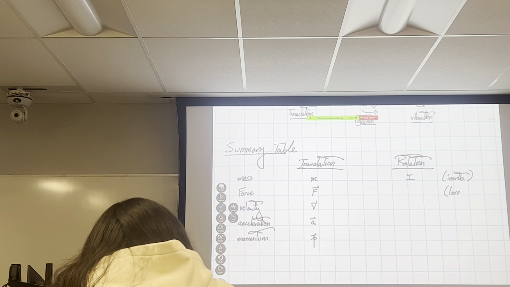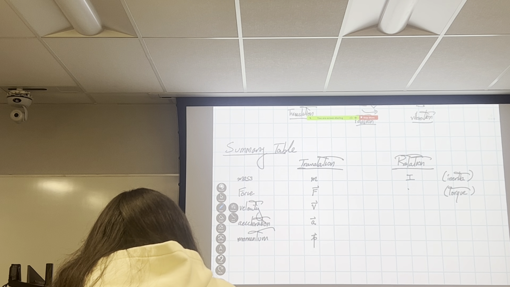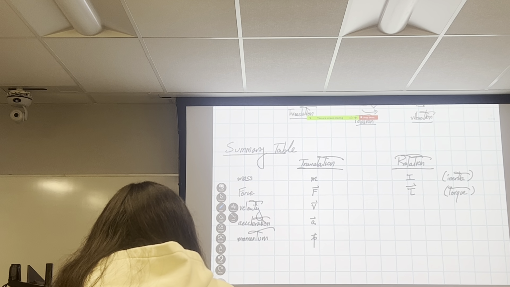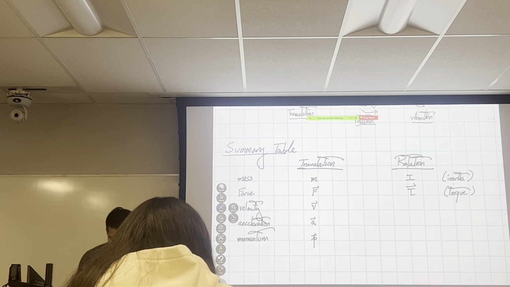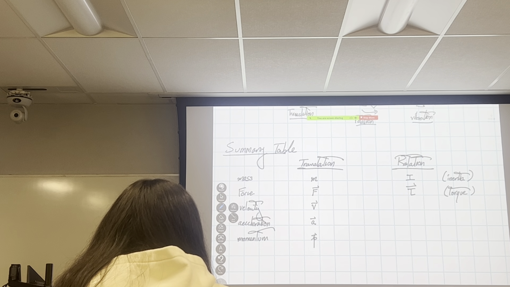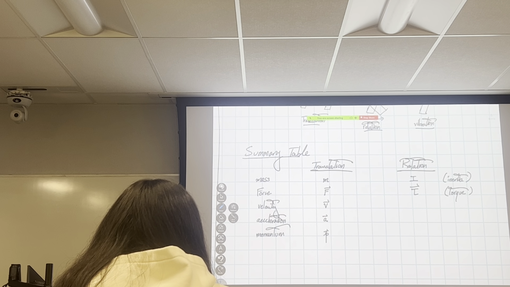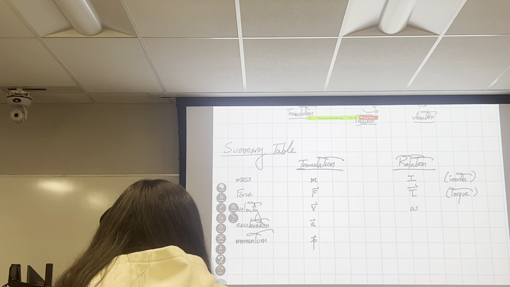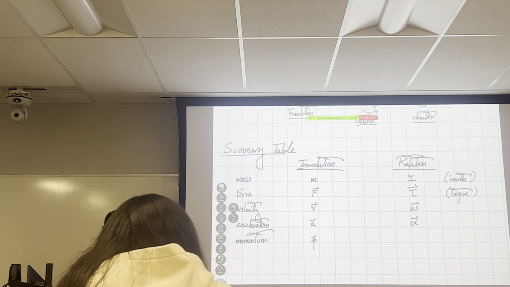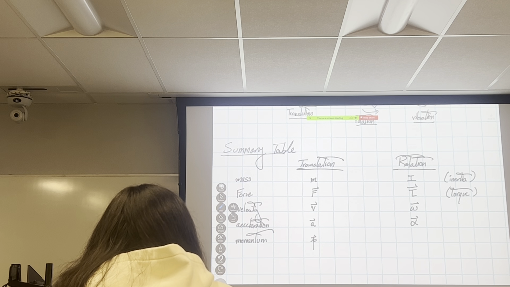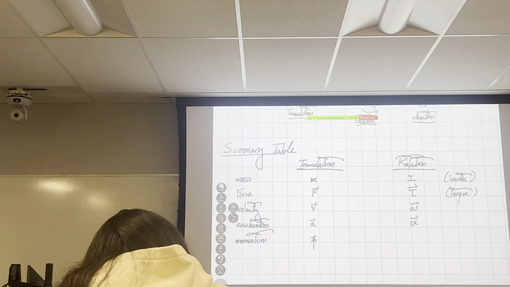It's T-O-R-Q-U-E, torque. And we give it the notation Greek letter tau, and it is a vector. For velocity and acceleration, we are borrowing from circular motion, which is omega and alpha. For momentum, we are going to be using L.